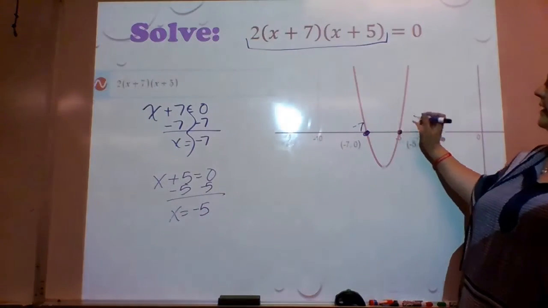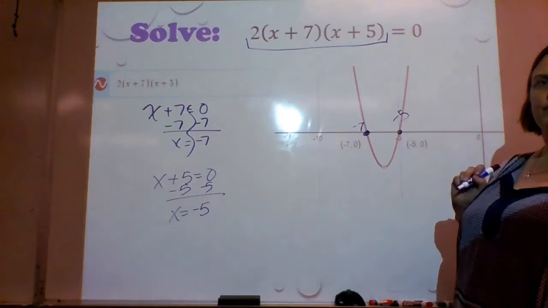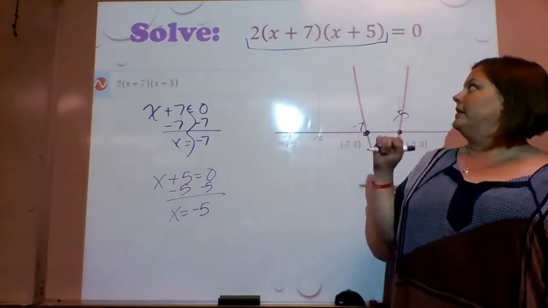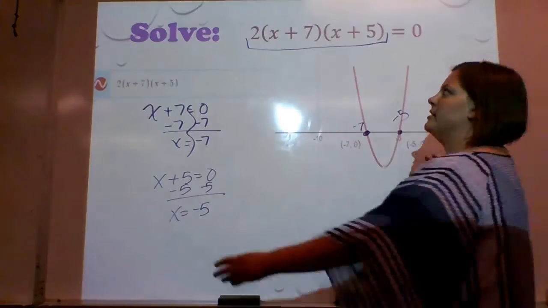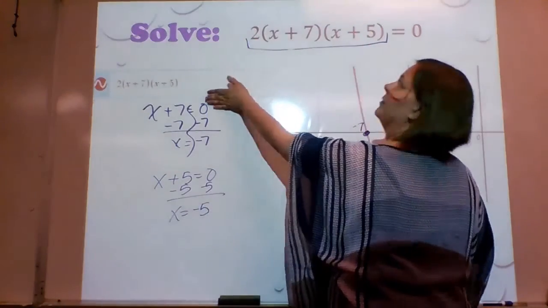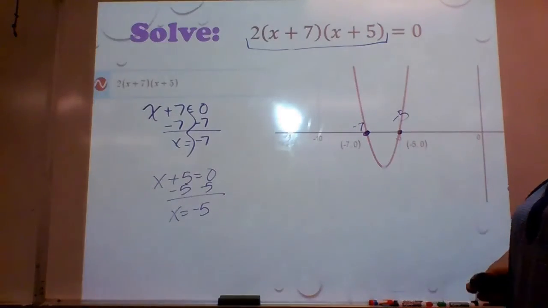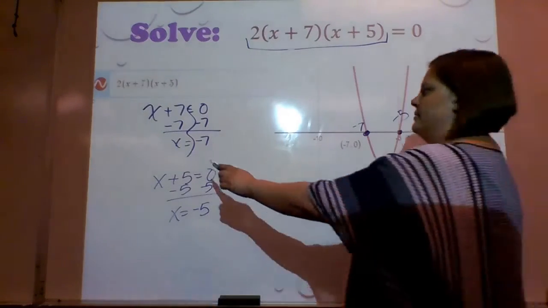Hey, look at that, -5. So remember that we are looking for these to equal 0. This equals 0. This equals 0. So keep that in mind. Press pause if you need to in order to take some notes.